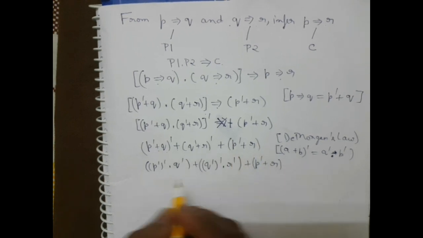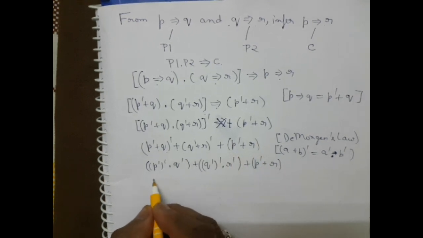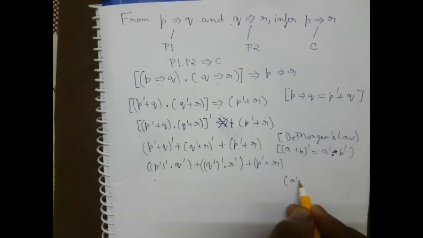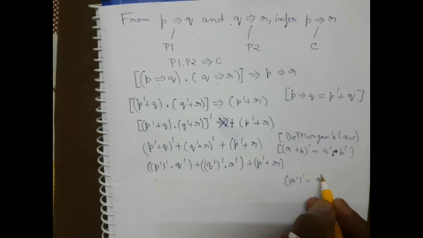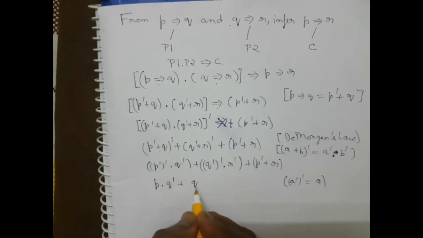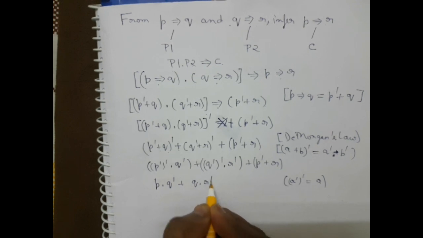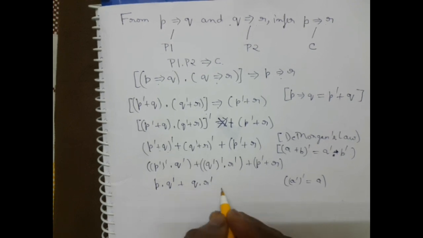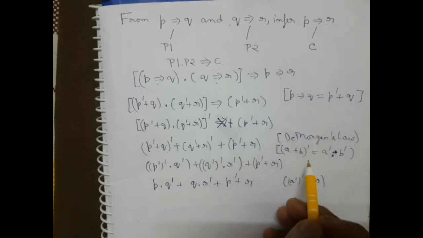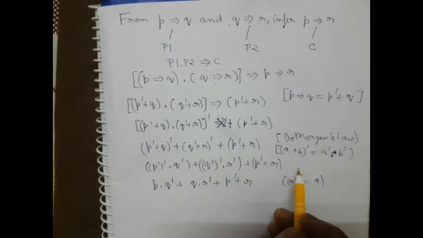After that, what do we get here? The involution law. What does it say? The complement of a complement is the variable itself. So what do we get here? P dot Q dash plus Q dot R dash, and plus P dash plus R. So the involution law, De Morgan's law, and conditional elimination, all these things we have used just now.